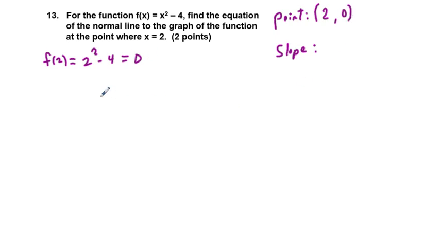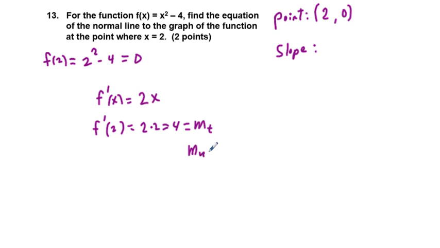And our slope is going to be, well, we take f prime of x is equal to 2x. And so f prime of 2 is going to be 2 times 2 equals 4, which equals m sub t. Well, m sub n is the negative reciprocal, which is going to be negative 1/4.